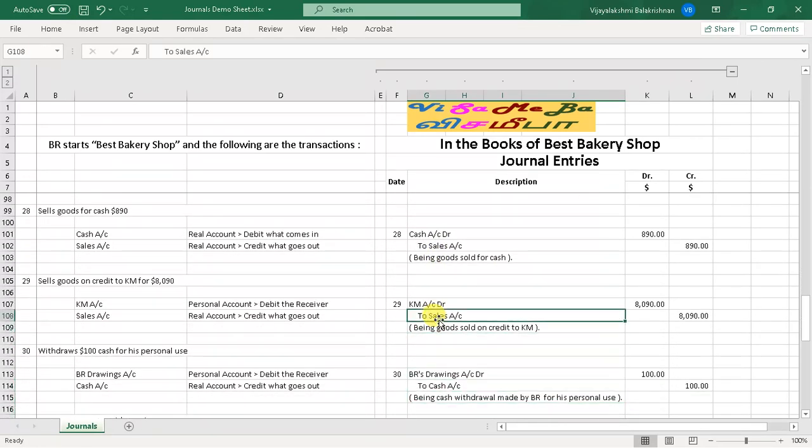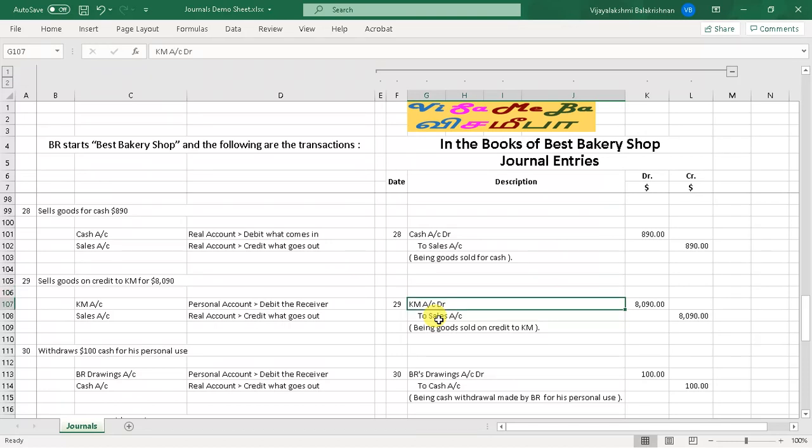The next transaction is again a cash sales. So debit what comes in, cash is coming in, and credit what goes out, goods are going out. So cash account debit to sales account, being goods sold for cash. Sells goods on credit to KM for £8,090.